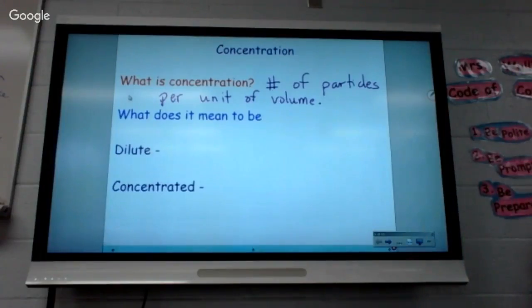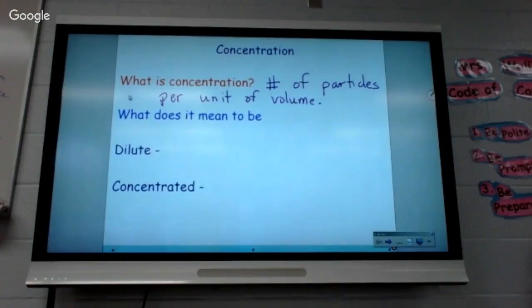Now, you might be asked about something being dilute or concentrated. These are two words that we use all the time in science class, and we just assume students know what they mean. In terms of solute and solvent, what would it mean to say something is dilute? What would you have more of if you had a dilute solution?